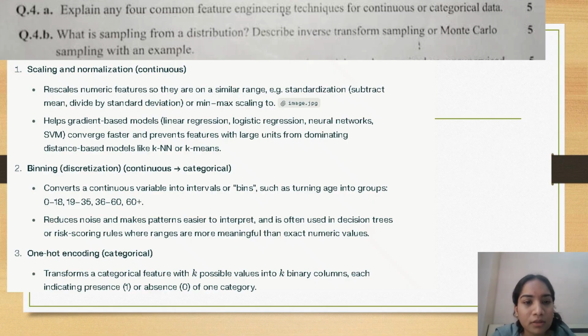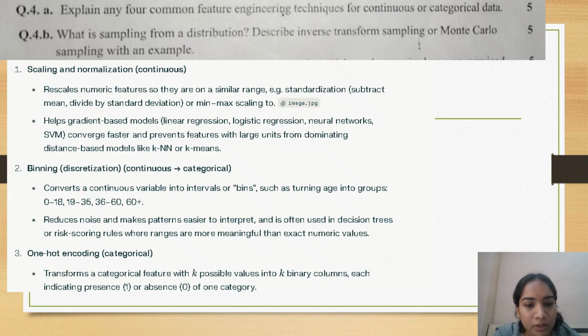This is the first common technique, which is scaling and normalization. Second is log transformation. It applies a logarithm to reduce skewness in continuous data. It makes heavy-tailed distributions more symmetric, and example, transforming income data to log income.